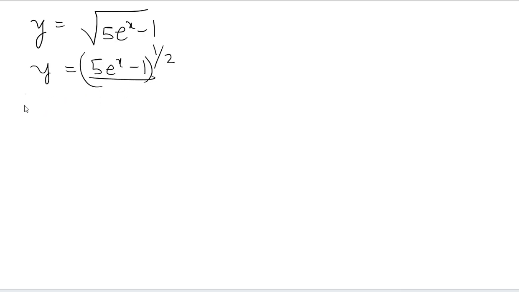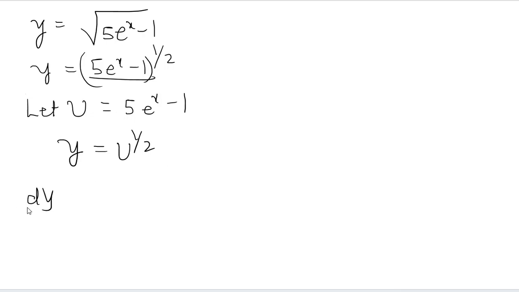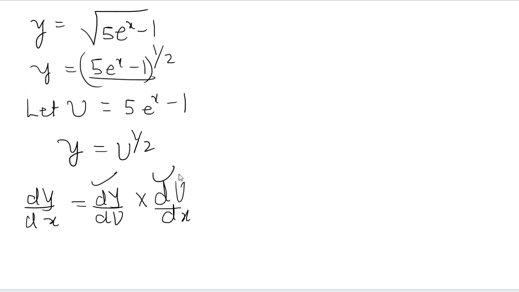This bracket part we replace by u, and we are left with y is u raised to half. Then we use the formula dy by dx, which is dy by du into du by dx. We do both these steps and insert their answers. With this, we come to the end of derivatives.